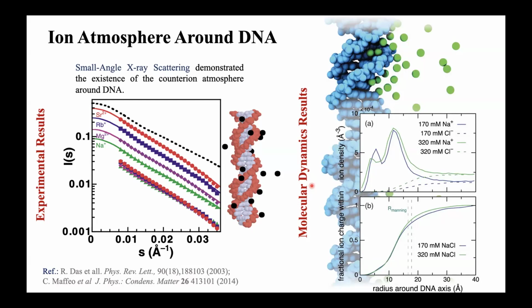Here, as an example, I want to show you the results of small angle X-ray scattering of DNA in solution with different ions, which are listed in the figure. The black dashed line shows the theoretical prediction, which agrees well with the later experimental results.